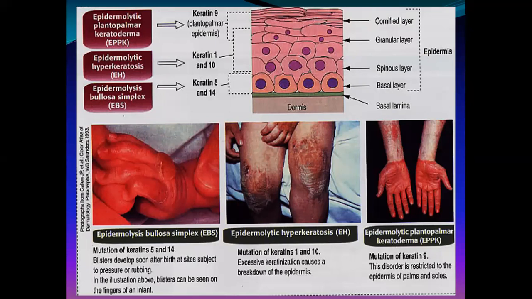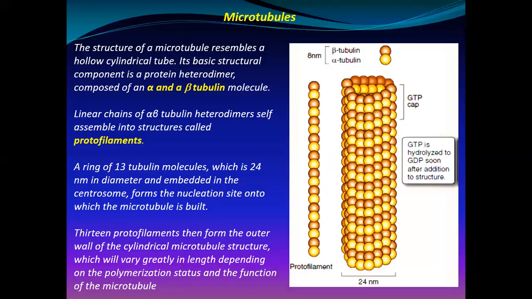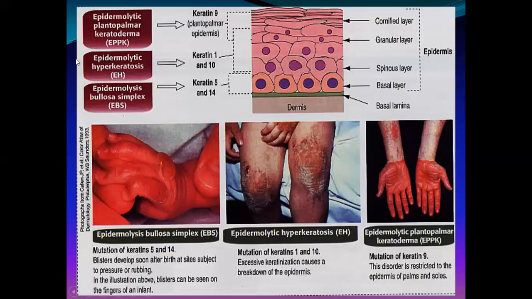Keratin 9, epidermolytic palmoplantar keratoderma, that is this one. And then epidermolytic hyperkeratosis, this one, is a mutation in keratin 1 and 10.